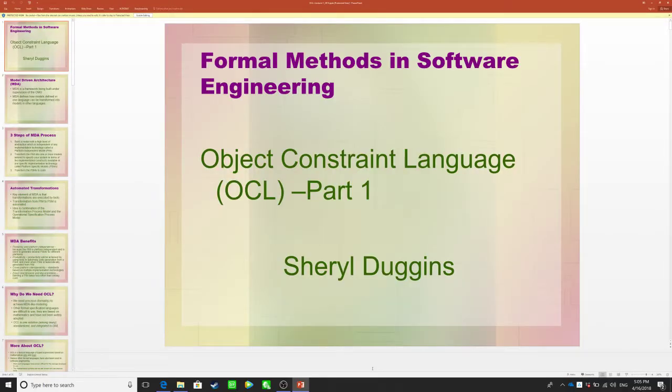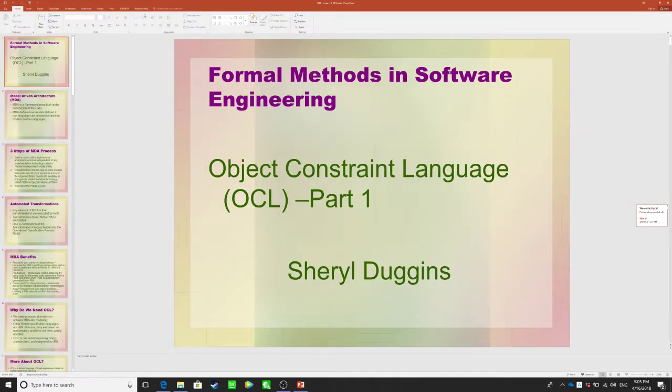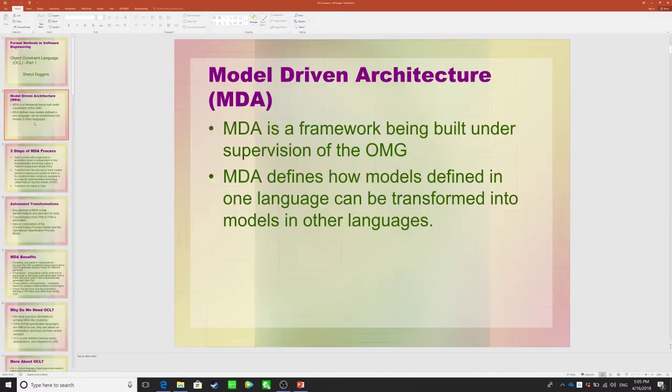Okay, OCL. That is the object constraint language, which we use as an extension to our UML, to our traditional modeling, because those traditional modeling languages, the unified modeling language, most of the time they do have their expertise in some of the modeling, but they cannot represent the whole set.